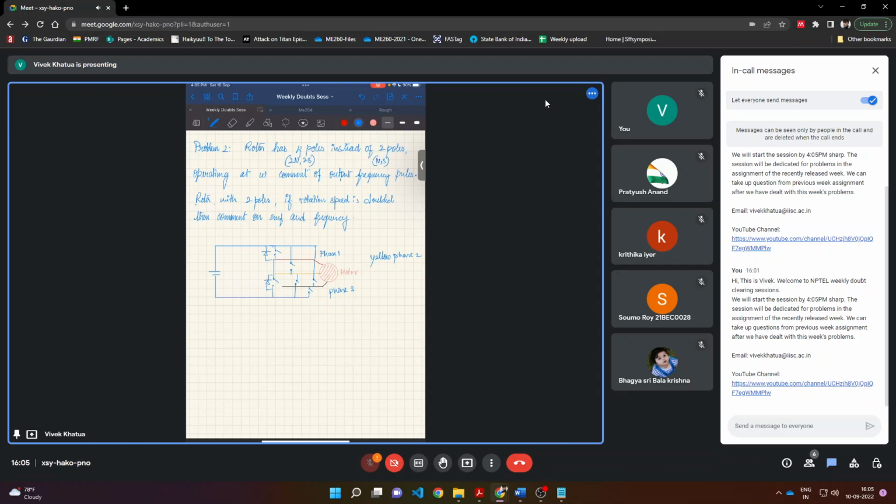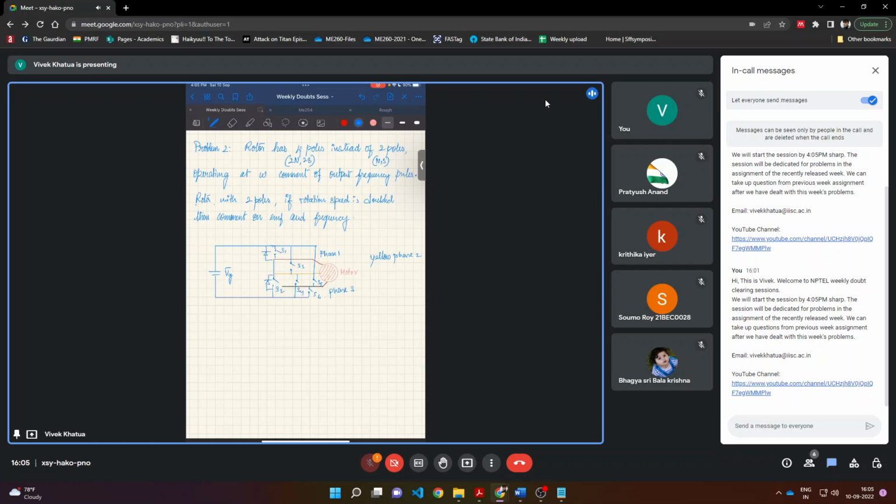Why is it called an inverter? Because it is changing the polarities between 2 phases. That is the reason why it is called an inverter. So here we have S1, S2, S3, S4, S5, S6.